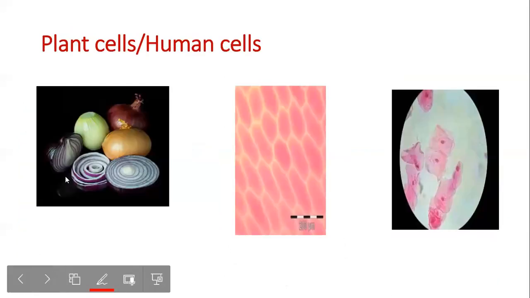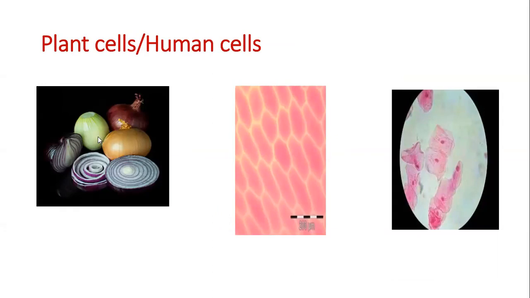Now coming to plant cells and how you see human cells. To see a plant cell, a small experiment that we can do is take an onion, peel the outermost layer, and observe it under the microscope. You can use any stain so that you can see the structure more clearly.